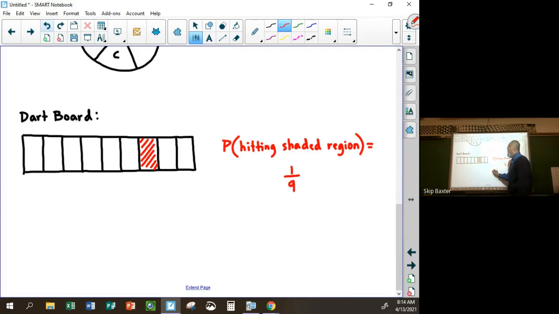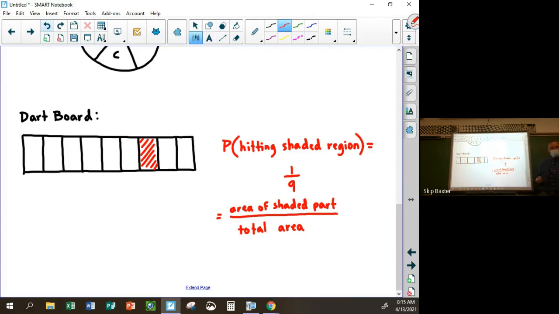I calculated the area of the shaded part and I divided that by the total area. Right? It's the number of ways something can happen divided by total number of equally likely outcomes, just put into an area context. Does everybody understand it's kind of the same thing that we were doing before? We roll the die, it's the same thing, right?